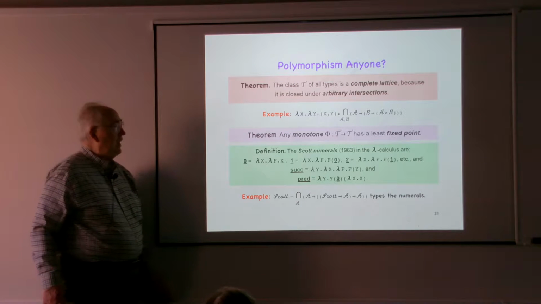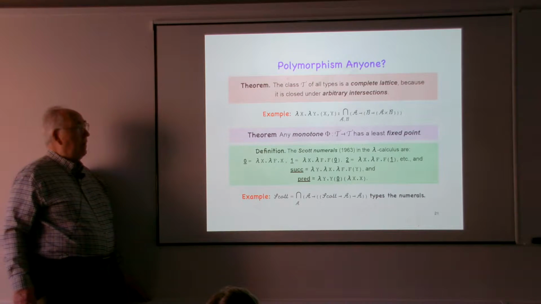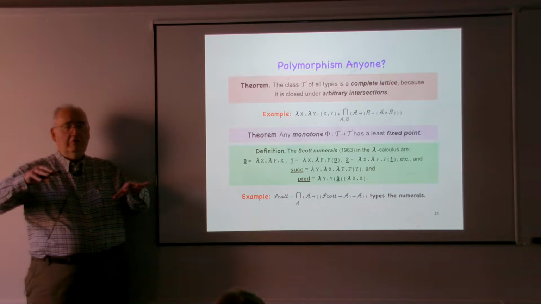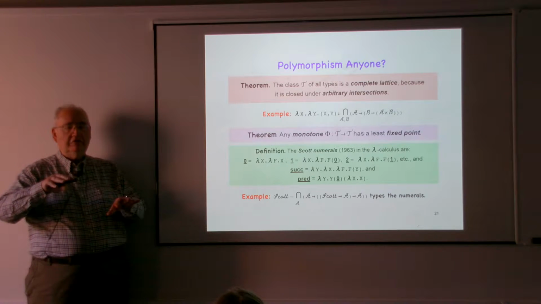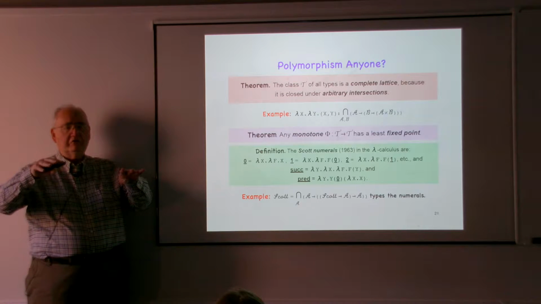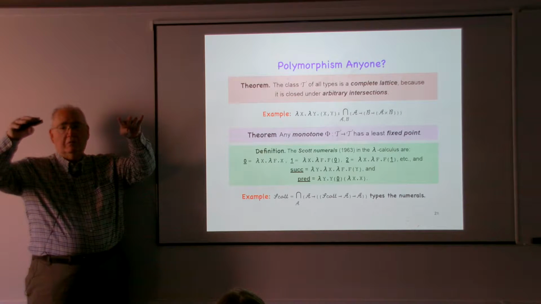You add dependent types to any partial combinatorial algebra. And because the power set of integers is a complete lattice, the power set of partial equivalence relations, I mean the space of partial equivalence relations, we're going up from integers are first order logic, power set of integers is second order logic, types are third order because they're subsets of the power set.